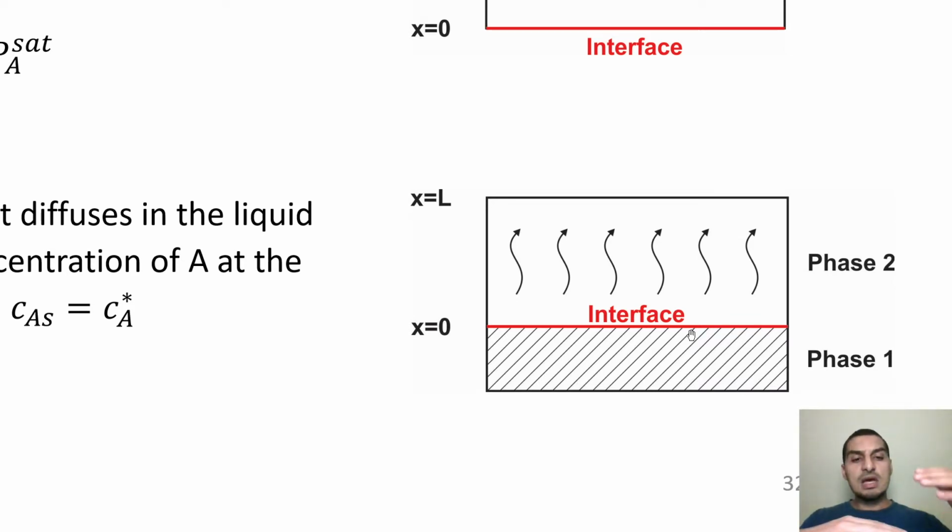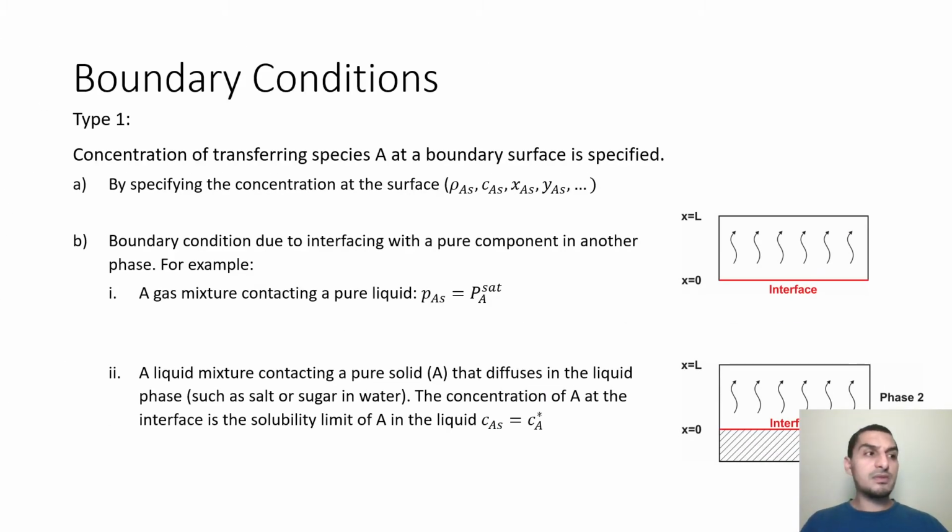This interface is facing air from one side and water from the other side, and the water vapor is diffusing from x equals 0 to x equals L, and this is the diffusing distance. This is where diffusion takes place. Because this is pure water and there is nothing else here, the partial pressure of water at the surface equals the vapor pressure. This is something that we discussed earlier in the first chapter when we talked about the vapor pressure, and we can easily tell that this is the concentration at the surface. So this is the case of a gas contacting a pure liquid.